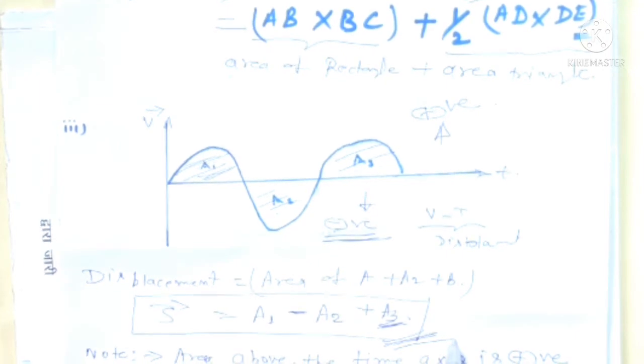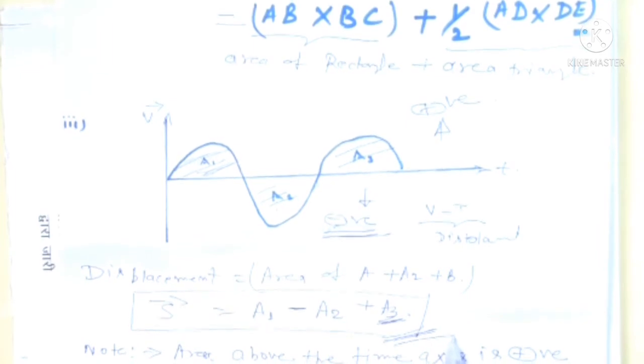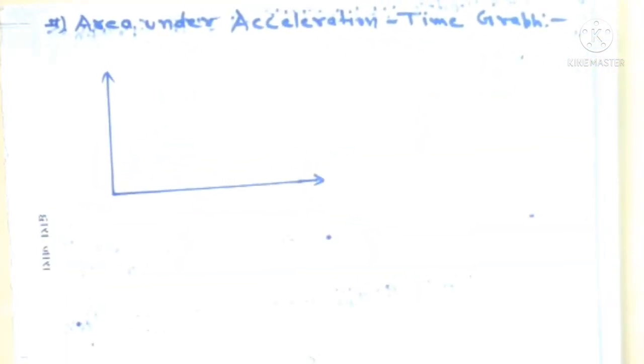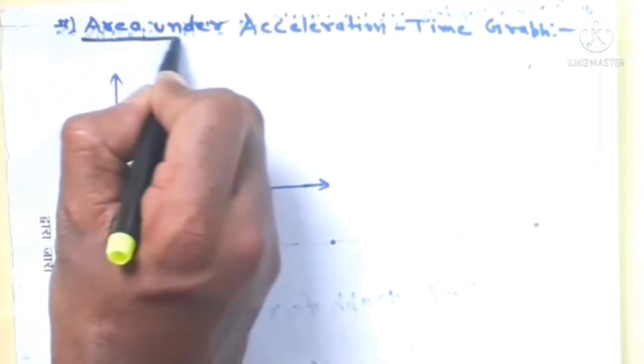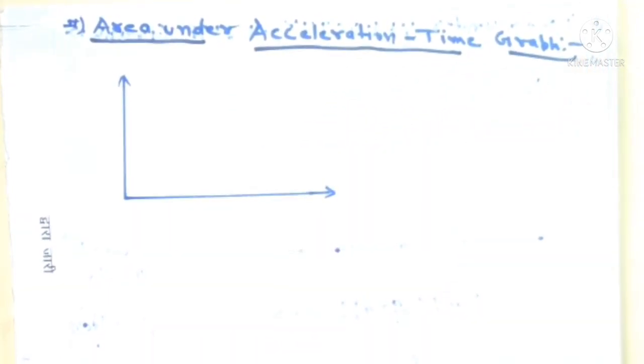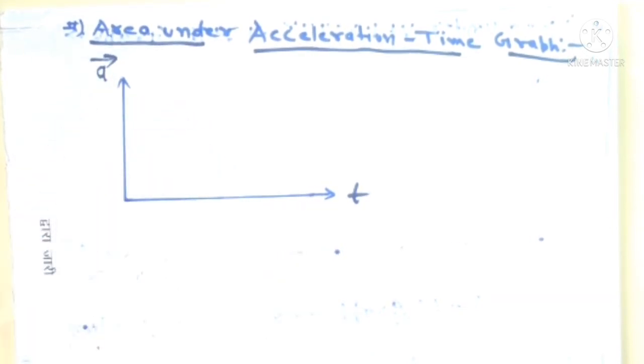Now we will discuss the area under the acceleration time graph. The x-axis represents time and the y-axis represents acceleration.